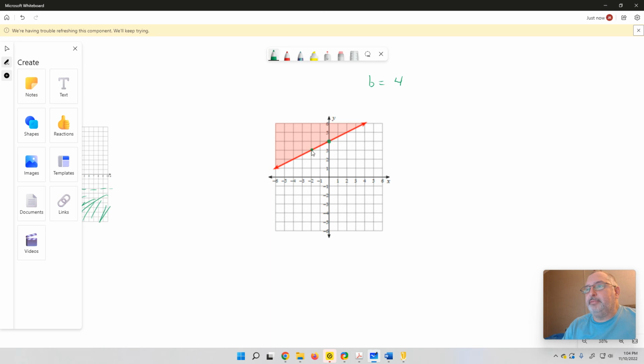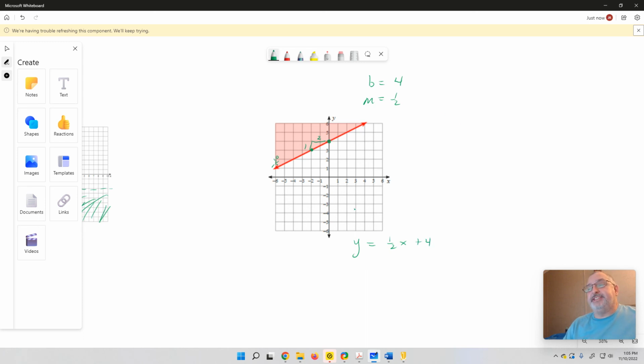That looks like a good point right there. So I'm going to find my slope: a rise of 1, a run of 2. It's a positive slope because if I stand over here, always standing on the left, if I walk uphill, it's positive. So my m is 1/2. That means my equation would be y equals 1/2 x plus 4.